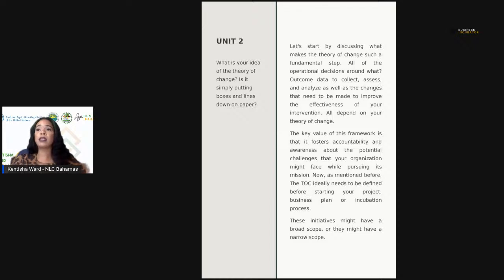All of this depends on your theory of change in your industry or for your business. So the key value of this framework is that it fosters accountability and also awareness about the potential challenges that your organization might face while pursuing its mission. Now, as mentioned before, the theory of change ideally needs to be defined before starting your project, business plan, or incubation process.